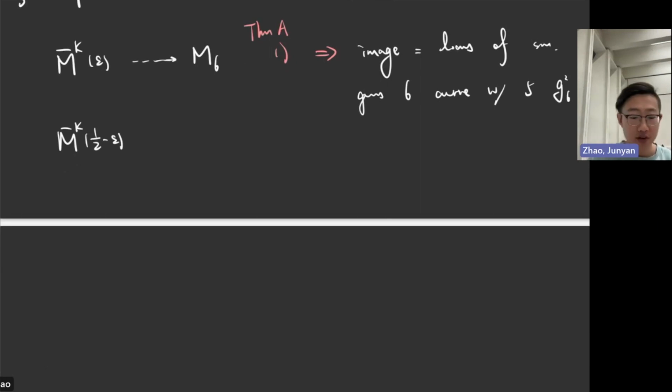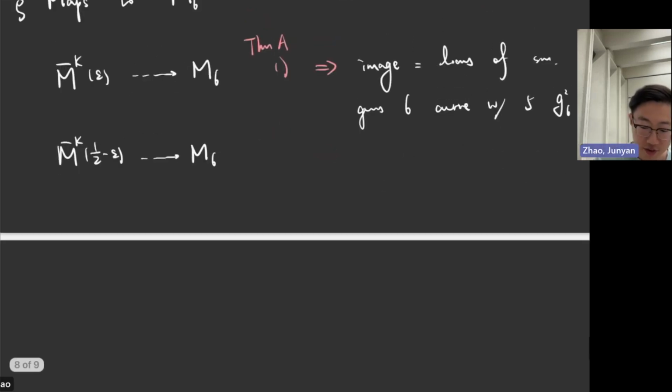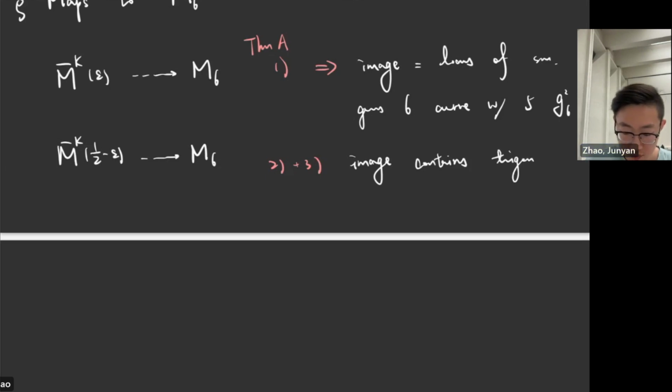What about the case when c is equal to 1/2 minus epsilon? If you consider the map to M6, then Theorems 2 and 3 tell you that the image will contain all the trigonal curves as well as the plane quintic curves.